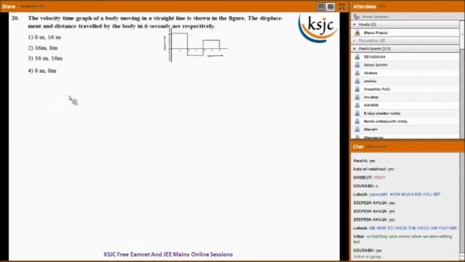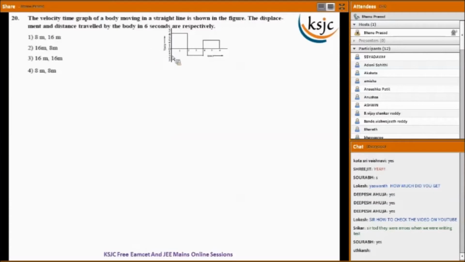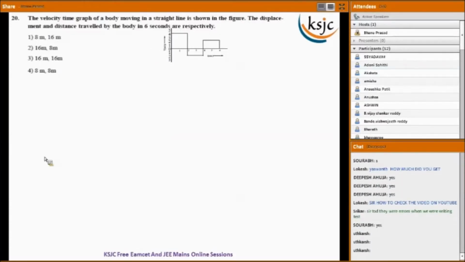Now in the last one, the velocity-time graph of a body moving in a straight line is shown in the figure. The displacement and distance traveled by the body in 6 seconds are respectively. Here the total area above the x-axis and below the x-axis will give you the distance, and the area above the x-axis minus the area below the x-axis will give you the displacement.